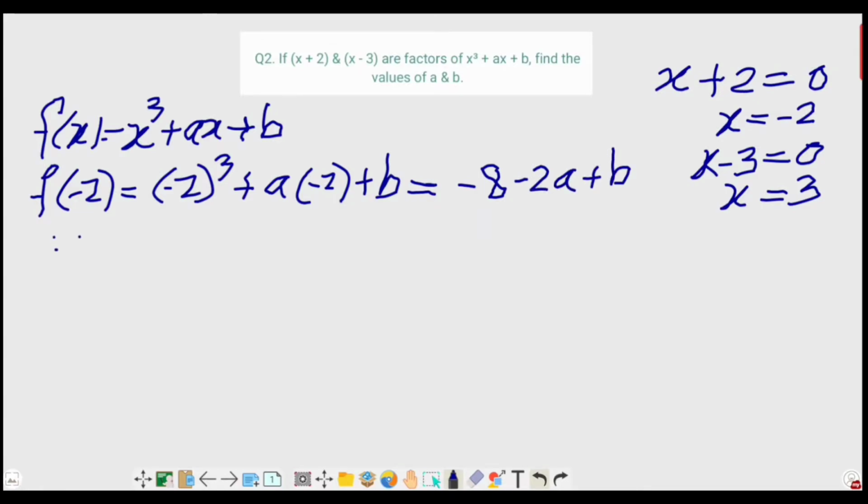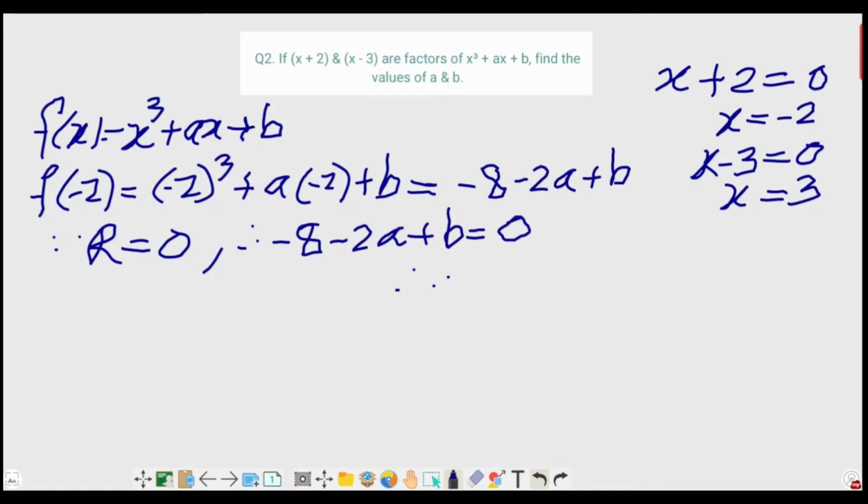Now since it is a factor, the remainder is 0. So therefore your minus 8 minus 2a plus b will be equal to 0. When you transfer 8 that side, 2a plus b equals minus 8 will give you your first equation.